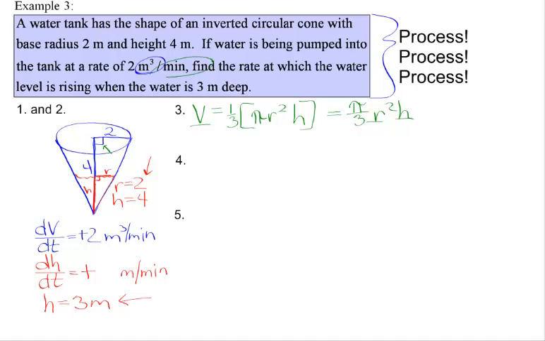This confirms that I'm dealing with time. So the rate at which volume is changing with respect to time is simply dV/dt. I have this constant coefficient, pi over 3, that I'm going to pop out front, and I have a product. I have r squared times h.